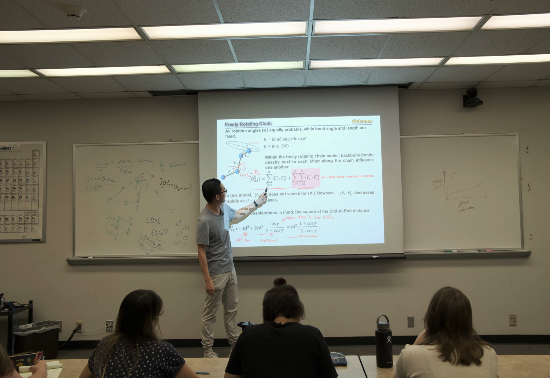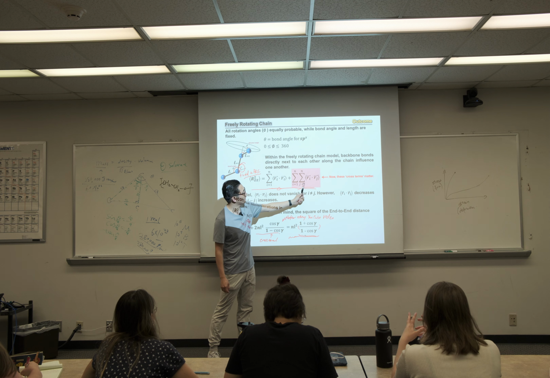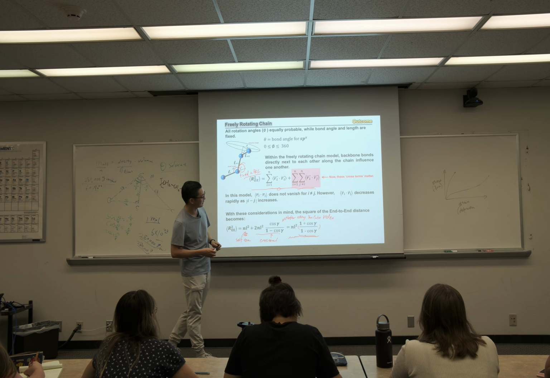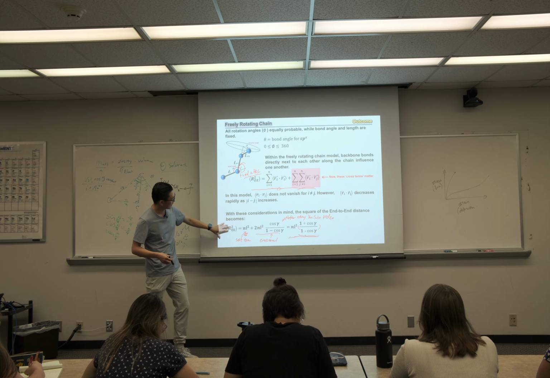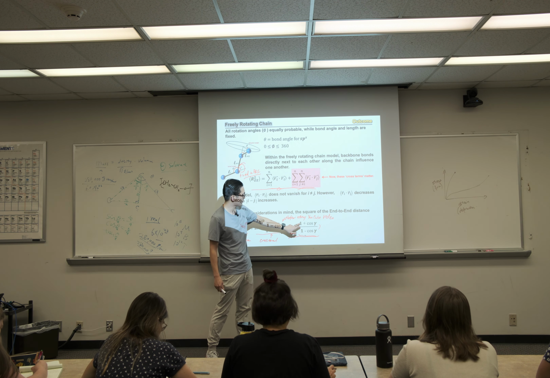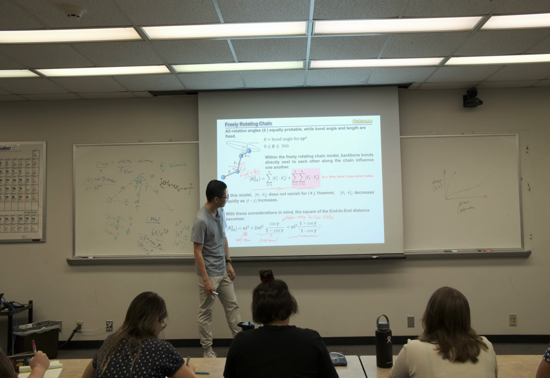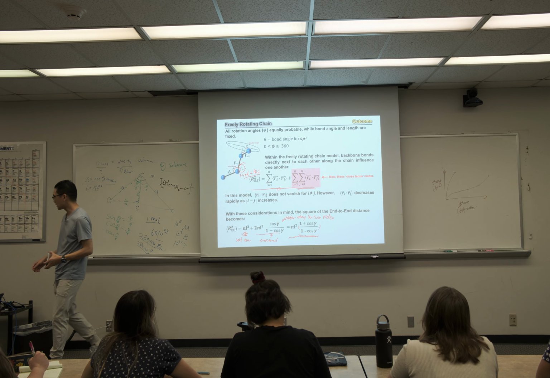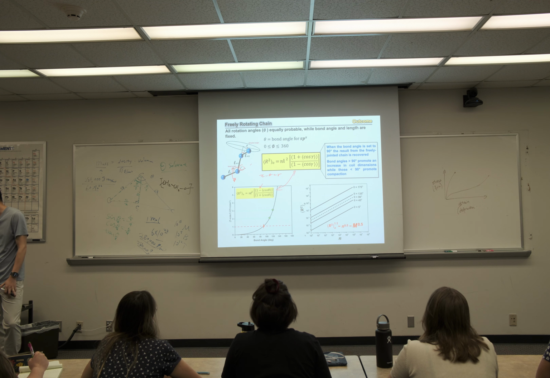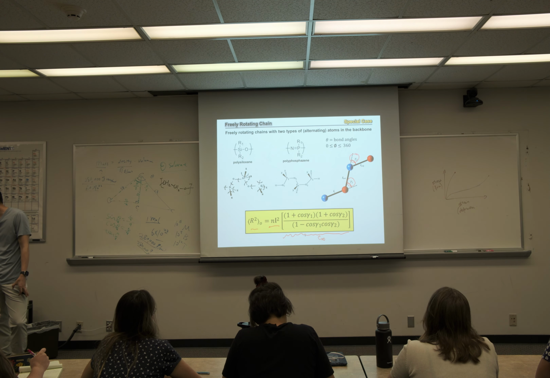R_EE squared will equal, again, the self-term and the cross-term, but this time the cross-term is not 0. So we ended up with end-to-end distance squared equals NL squared times (1 plus cosine phi) over (1 minus cosine phi). We already went through that last time, right? So this slide we can skip, which talks about how bond angle impacts the size.